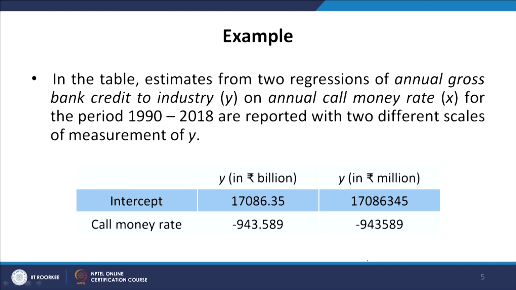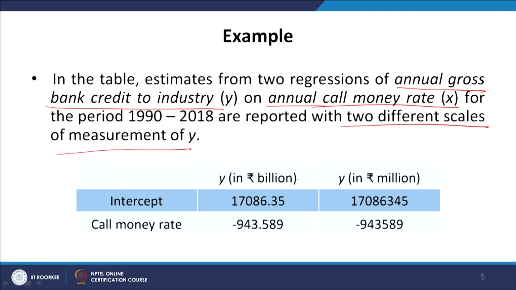We have collected data on annual gross bank credit to industry, that is our dependent variable, and call money rate is our independent variable, annual call money rate. So, we are trying to find out whether annual call money rate impacts the annual gross bank credit to industry or not.